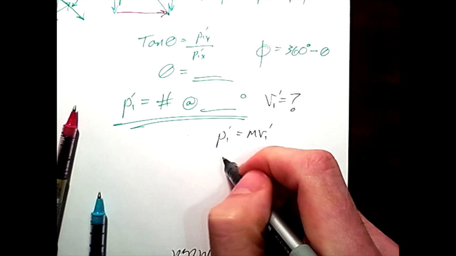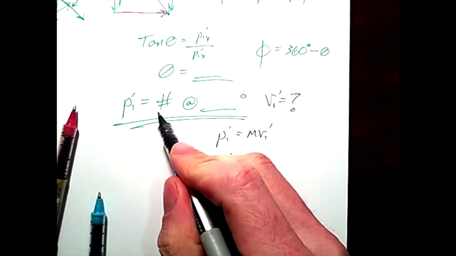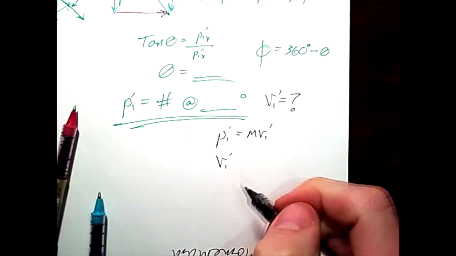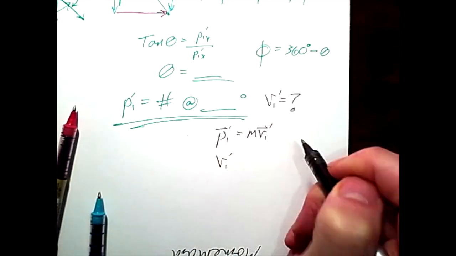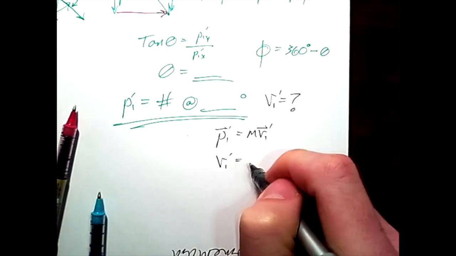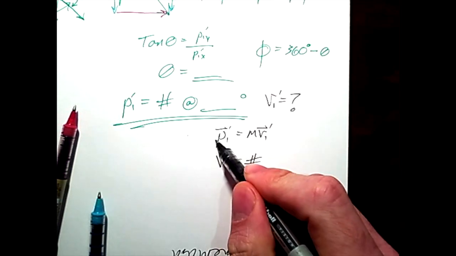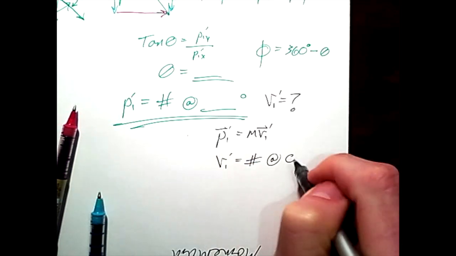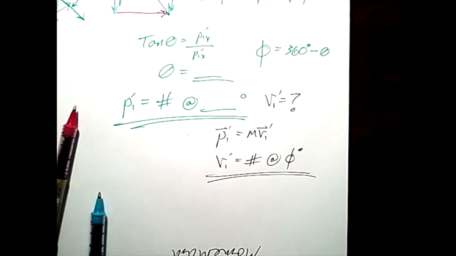But then when I list velocity V1 prime, since this is not a straight line, it's not positive or negative in the x or the y direction, the direction of P1 is the direction of V1. And so what I have is a new number, which is simply P divided by M, but at phi in terms of direction. That is the final solution.